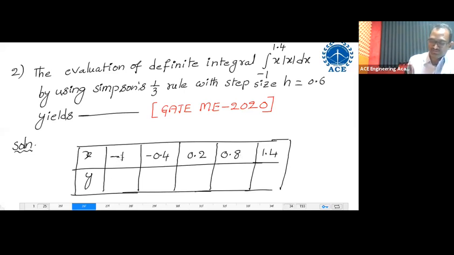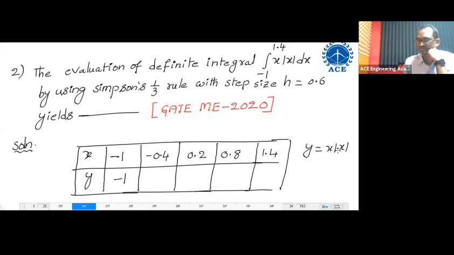So the y value: y means x into modulus of x. If I take x is equal to minus 1, modulus of minus 1 is 1, 1 into minus 1 is minus 1.